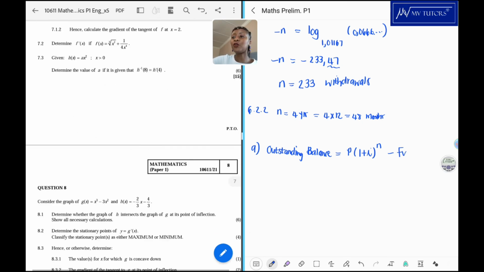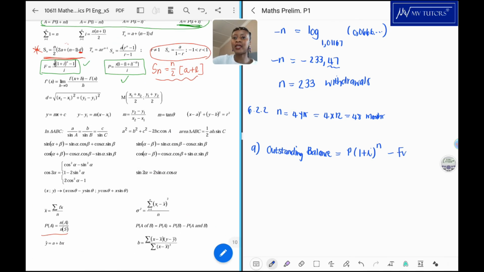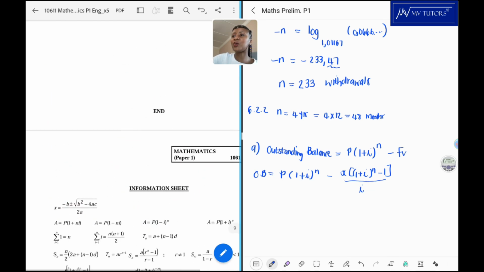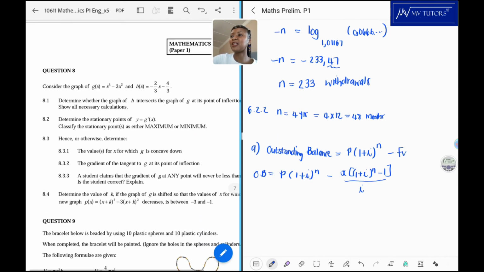And the future value formula, if we just have a look there, so I'm just going to say outstanding balance, okay. I'm just going to write the equation again, 1 plus interest, and then minus the future value, x, and then we have 1 plus I to the power n minus 1, close brackets, and it's all over I. Okay, and we know our values.